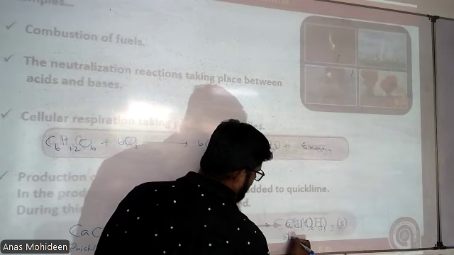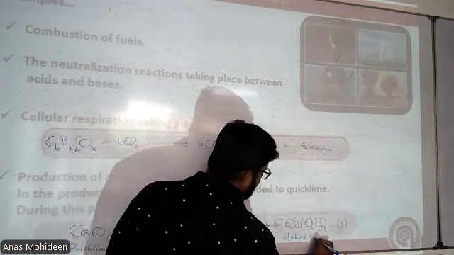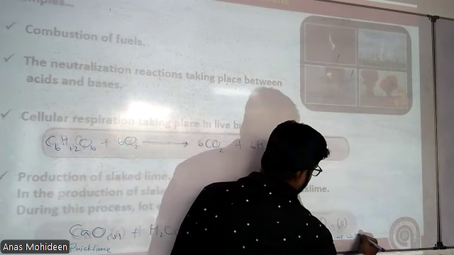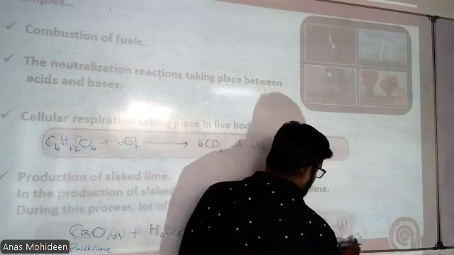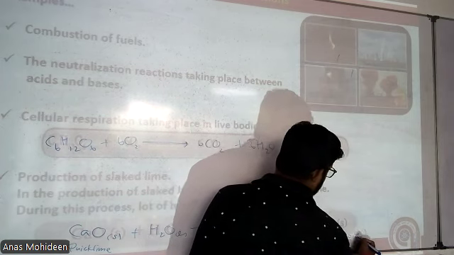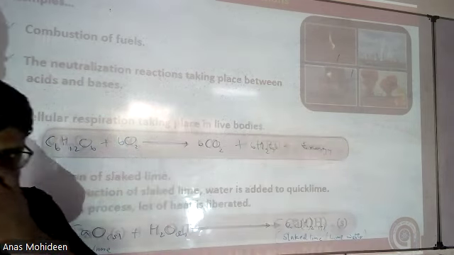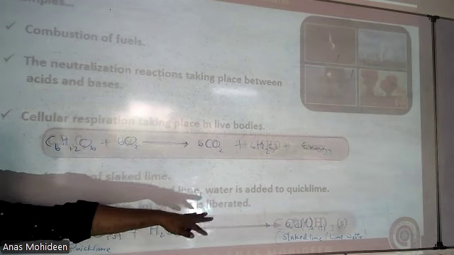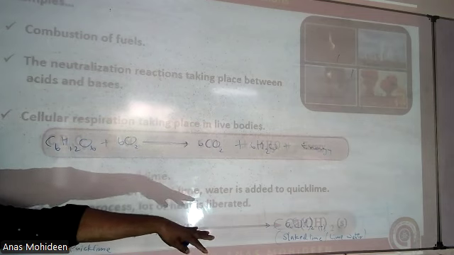What lime? Slaked lime, or else we term it as lime water. We don't drink lime water. We drink lime juice; we add lime juice to our food. So this is slaked lime water, which is a base.